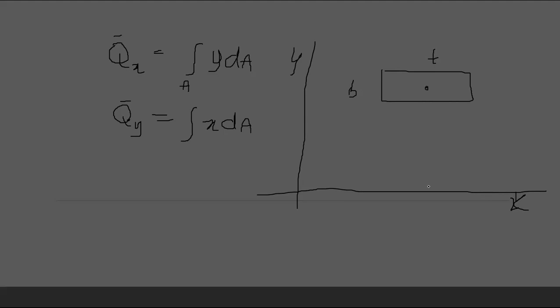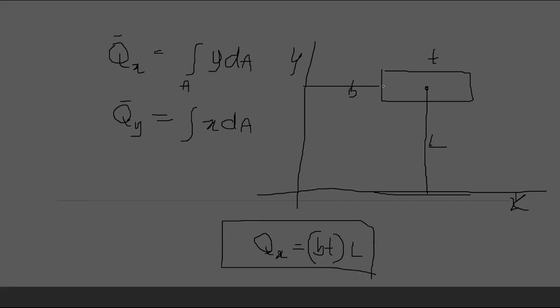If you take the first moment about the x-axis, you need the distance y to its centroid. Let's say this is L. So Qx is the area, b times t, into the centroid distance, L.